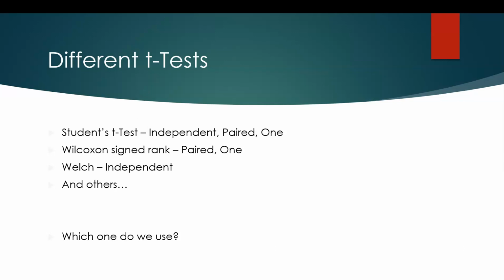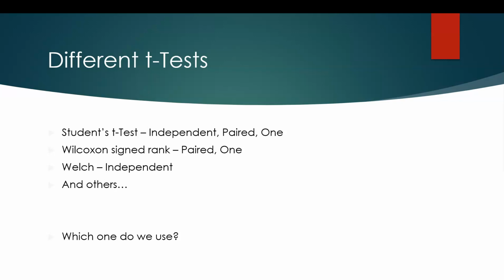There are reasons why we would and reasons why we would not want to use a student's t-test, and I'll talk about that next. The Wilcoxon signed rank can be used with the paired sample or the one sample, and there are reasons why we would or would not want to use that one. And then the Welch is only available for the independent sample, and again, there are reasons why we would want to use Welch over student's t-test.